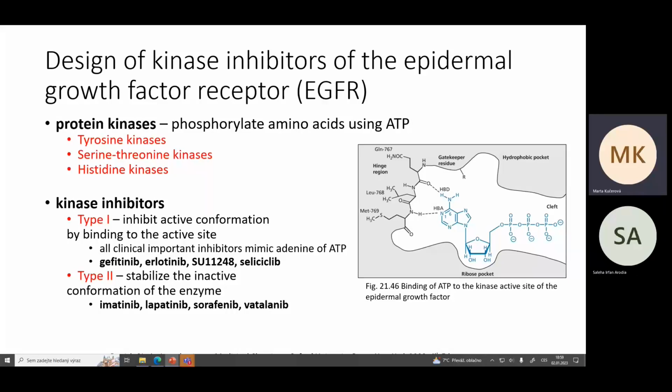And the function inside the cell is phosphorylation using the ATP. So most often are tyrosine kinases. However, we are able to inhibit also serine threonine kinases or histidine kinases.